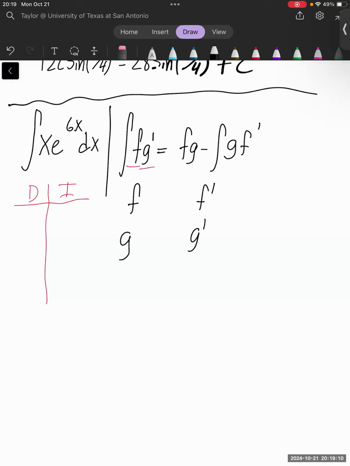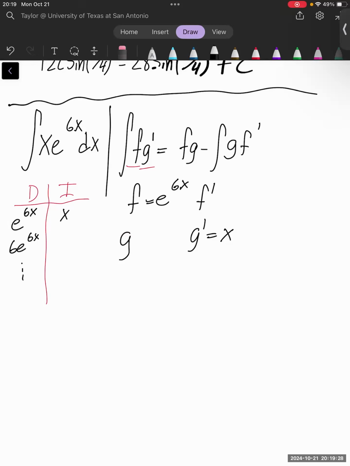For example, if I let f be e to the 6x and I let g prime be x, what we would see is we take the derivative of e to the 6x and we get 6 e to the 6x, and then it carries on.